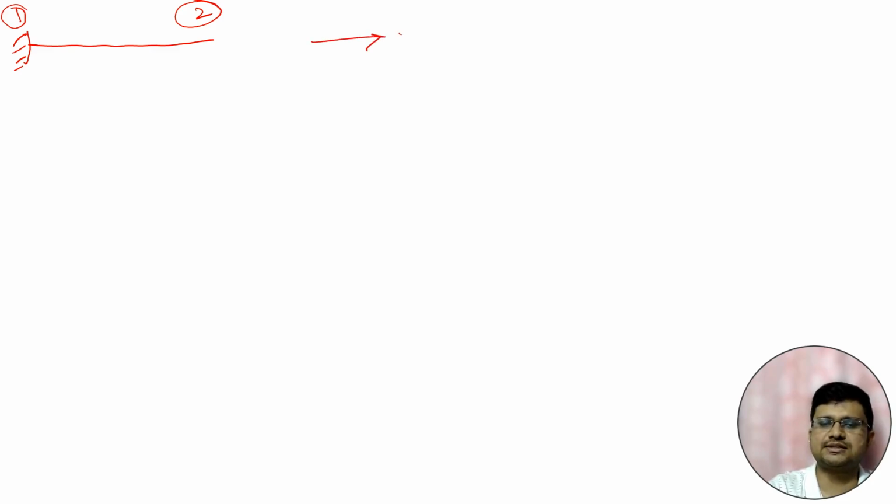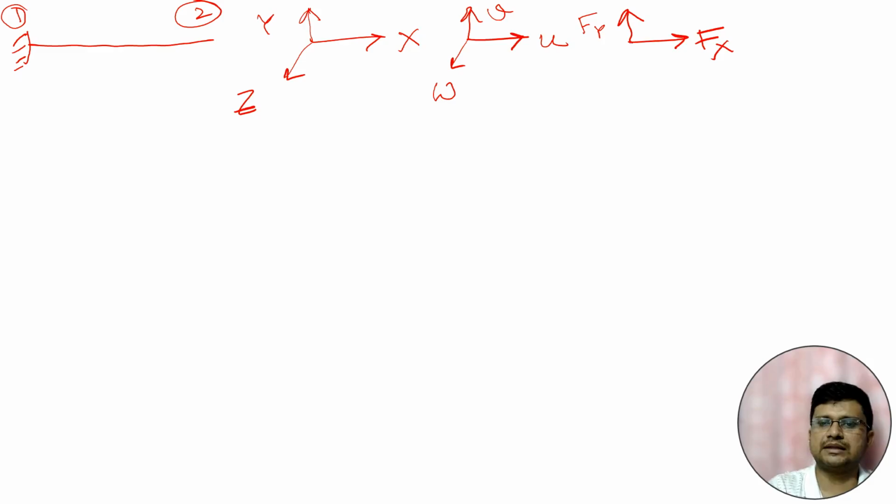Suppose this is the x coordinate axis, this is the y axis, and this is the z axis. The displacement along x will be u, the displacement along y will be v, and the displacement along z will be w. Similarly, the force along x will be Fx, the force along y will be Fy, and the force along z will be Fz.